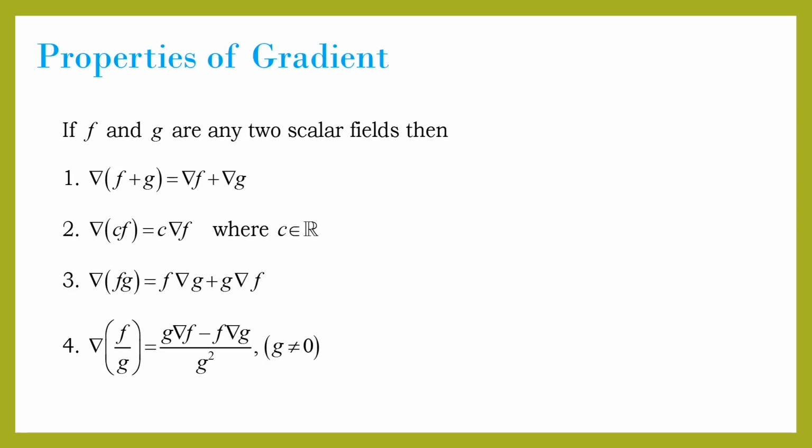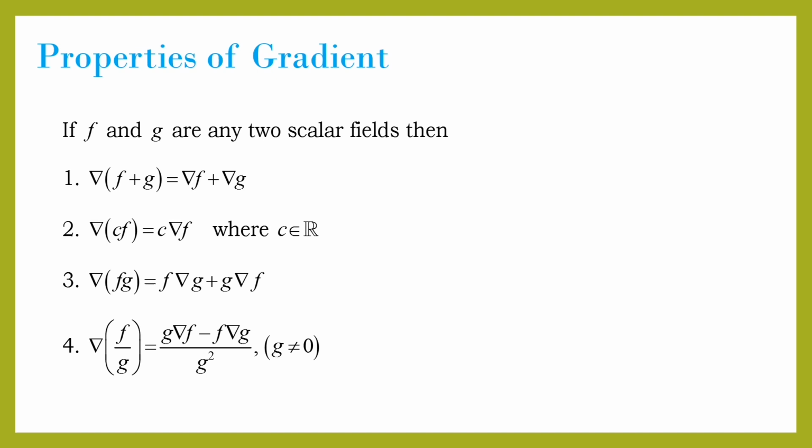The gradient of a scalar field satisfies a few properties. This gradient of a scalar field behaves like a derivative of a function of a single variable. If we take two scalar point functions f and g, we can observe the following properties of the gradient.